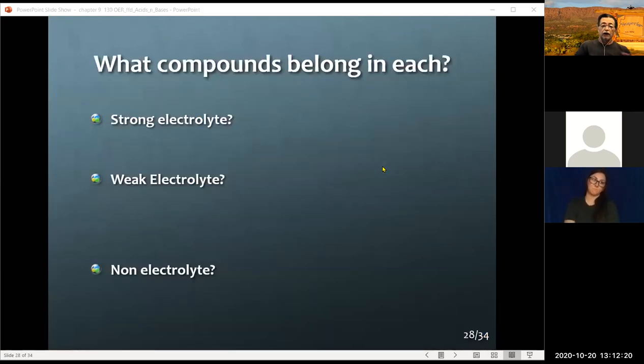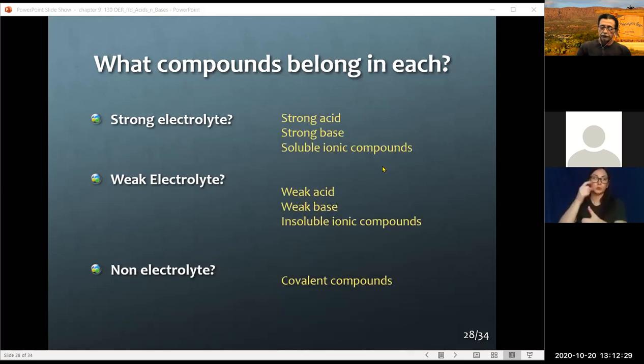Okay. All right. What compounds belong in each? So, what is considered a strong electrolyte? Okay, that is a strong acid, strong base, or any soluble ionic compound.